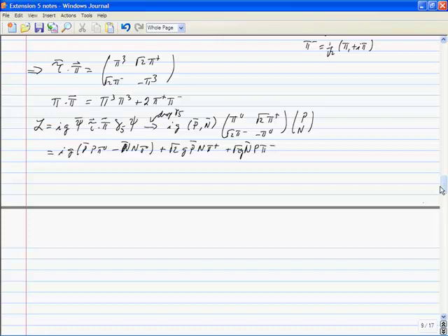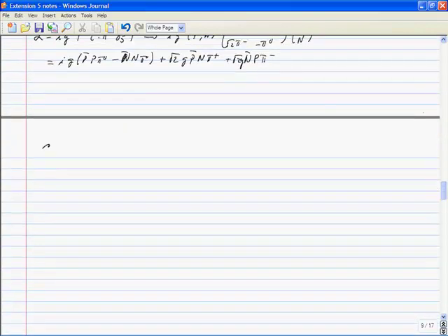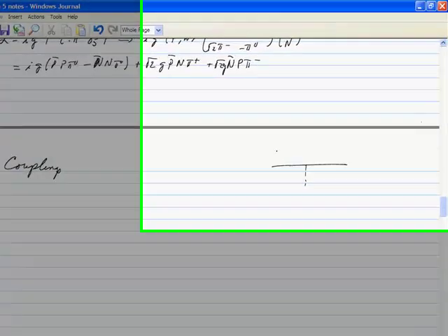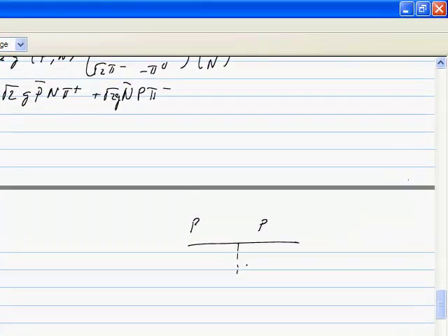So from this Lagrangian now, you can read off various couplings. Let's do it down here. In general, we'd write this vertex, something like p pi 0 as i g_{p pi 0} gamma 5.